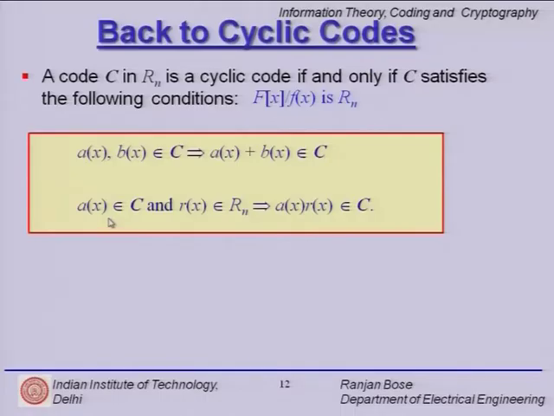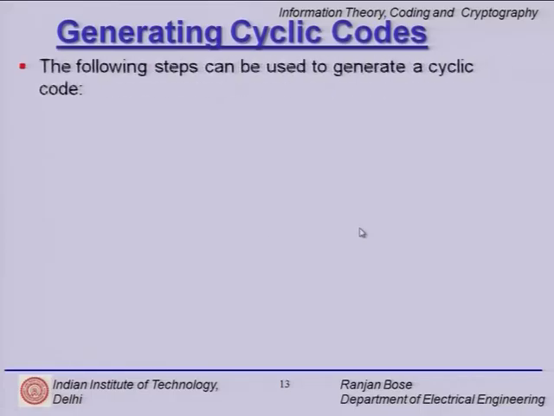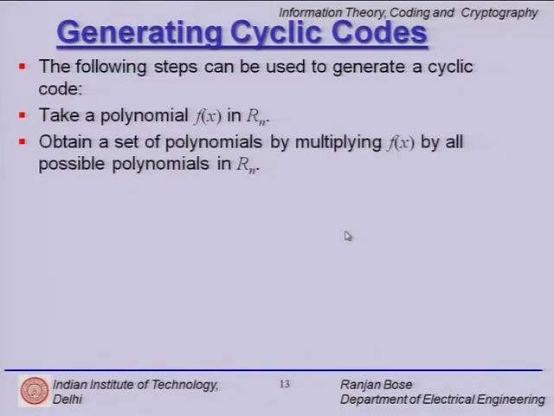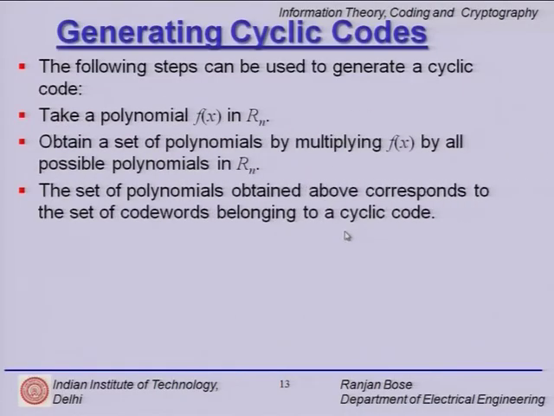Similarly, if I take A(x) and take any other polynomial R(x) and then I multiply them, then also we get a valid code word. We then looked at how to generate cyclic codes, and the steps are given as follows.